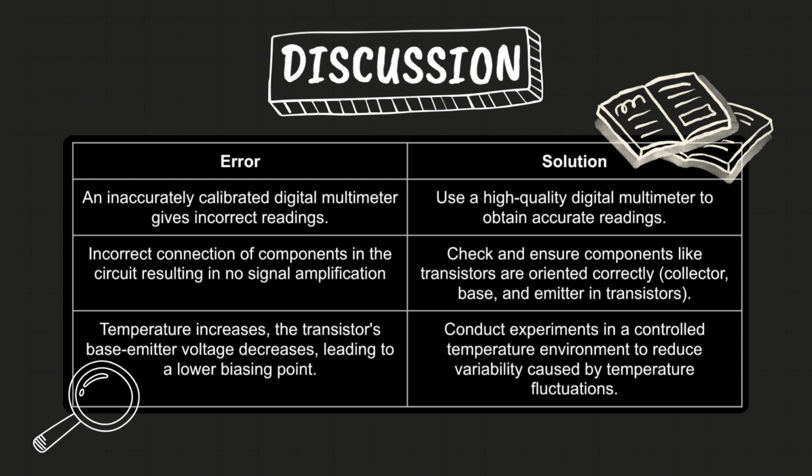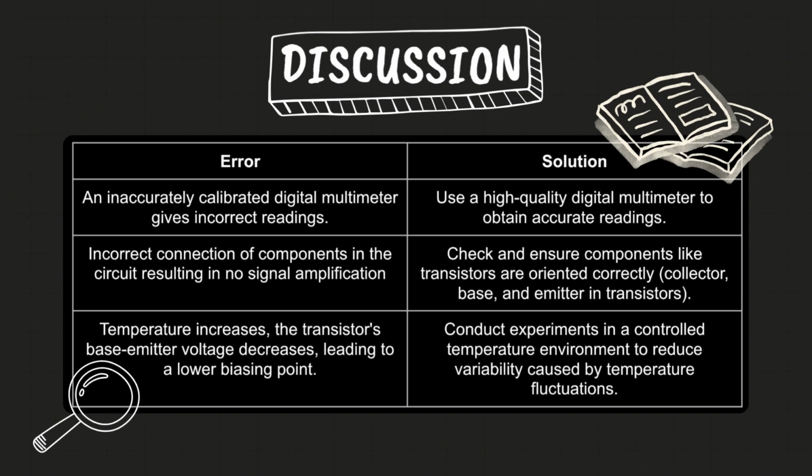The first is an incorrectly calibrated digital multimeter giving incorrect readings. Next, incorrect connection of the components in the circuit, resulting in no signal amplification. Last, when temperature increases, the transistor base-emitter voltage decreases, leading to a lower biasing point.